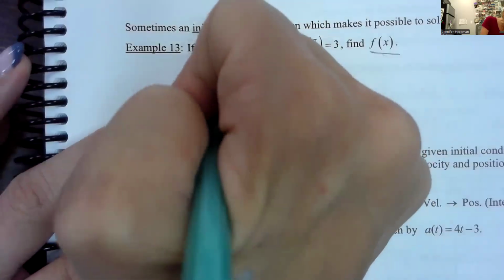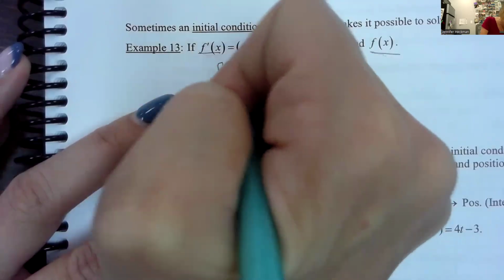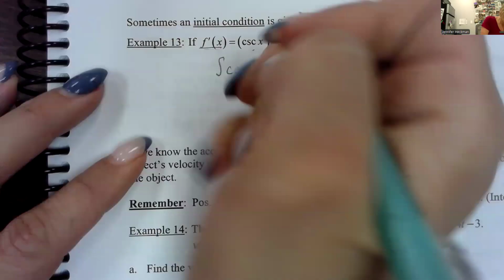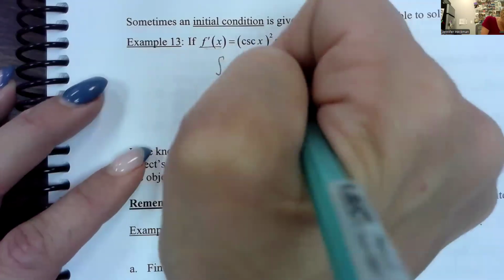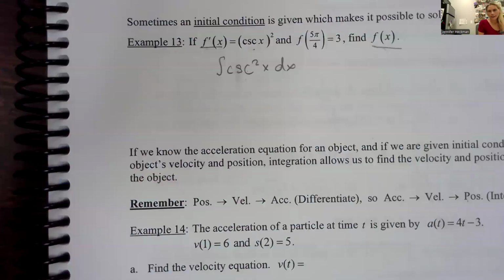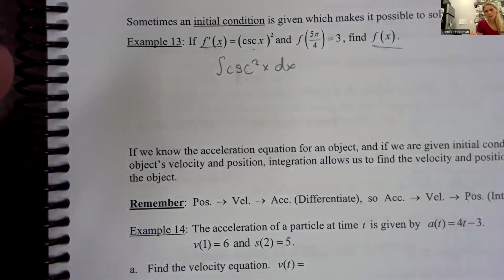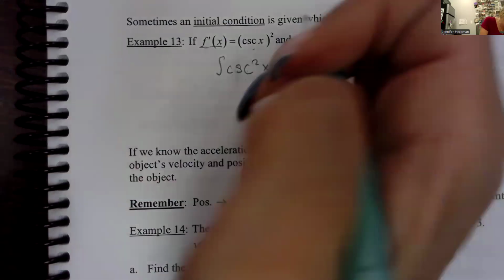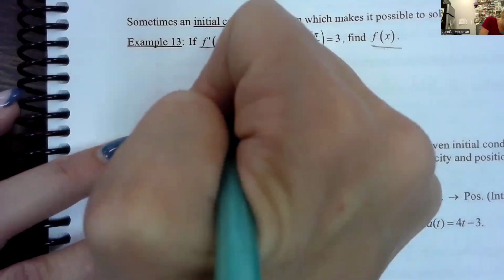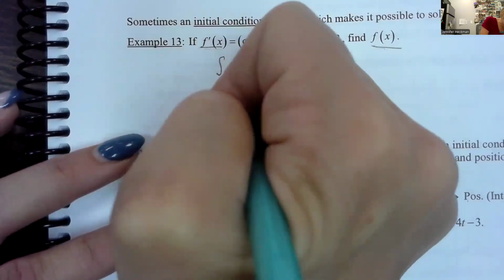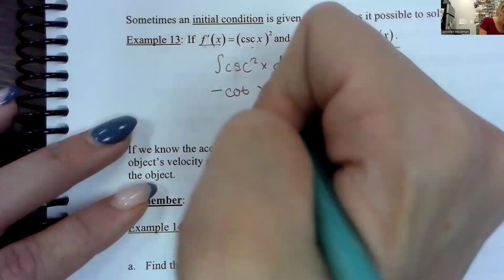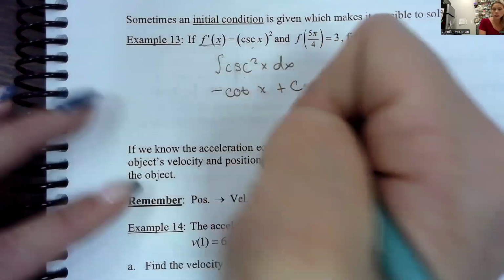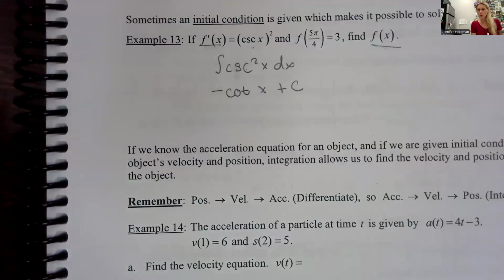So what we're going to do is take the integral of cosecant squared x dx. What is the integral of cosecant squared? Well, the integral of cosecant squared is negative cotangent. Again, sometimes you'll have to use your rules until you memorize them. But don't forget, when we do this, we have a plus c, just like we did in questions 4 through 12.